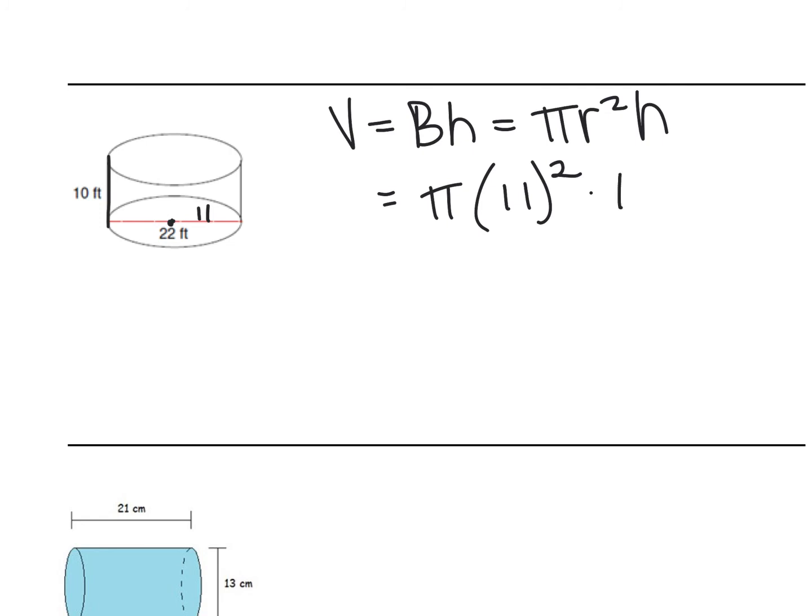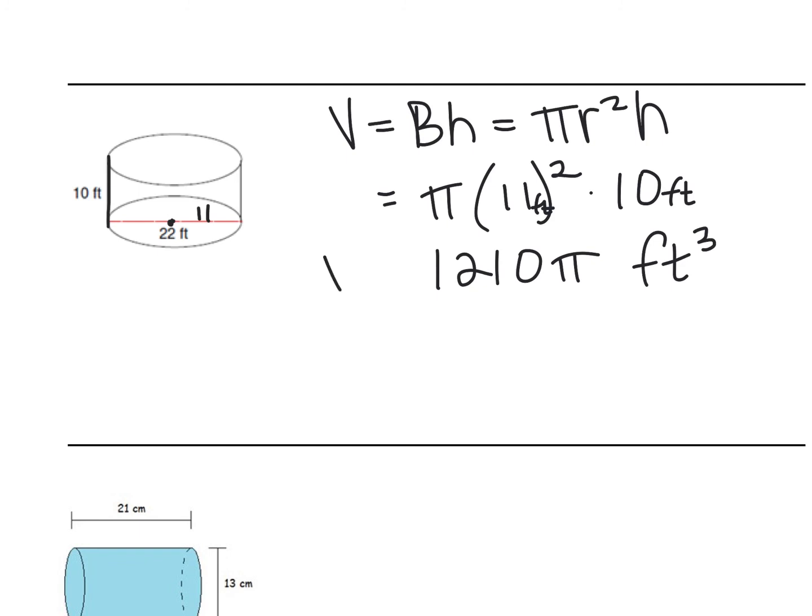So that's times 10, right? This is 121 times 10 is 121 with a 0 added, pi, and that would be feet cubed. So here we have our feet squared and then our feet over here, and that's how we get it cubed.